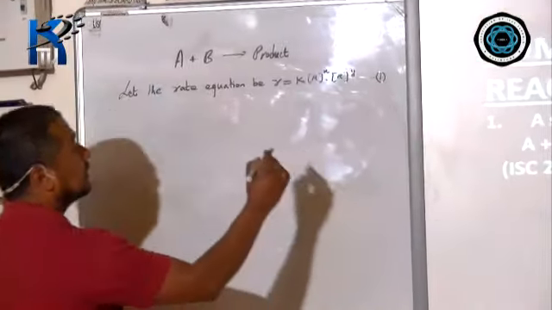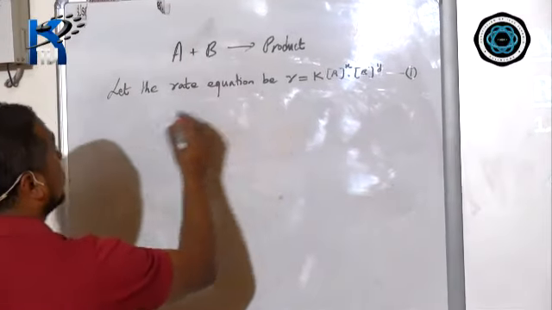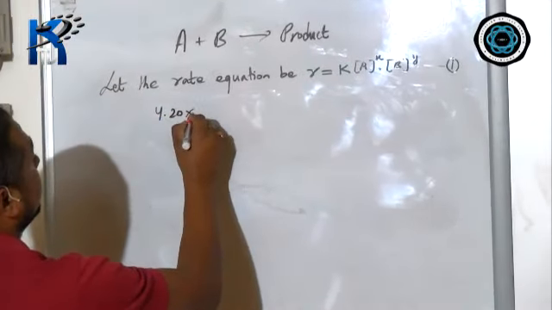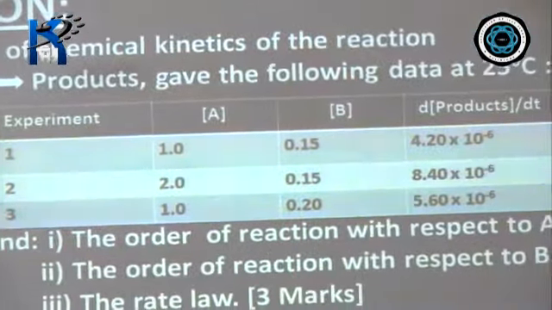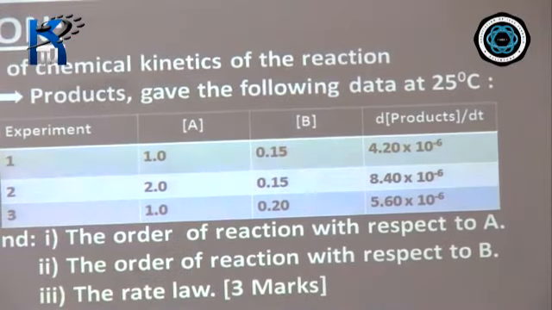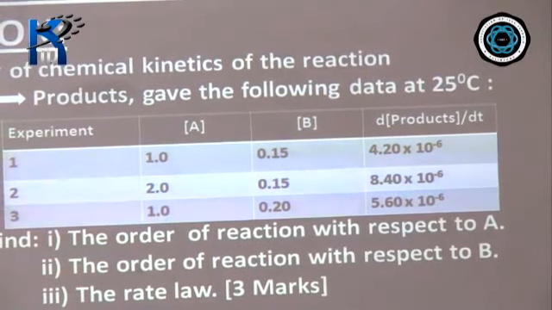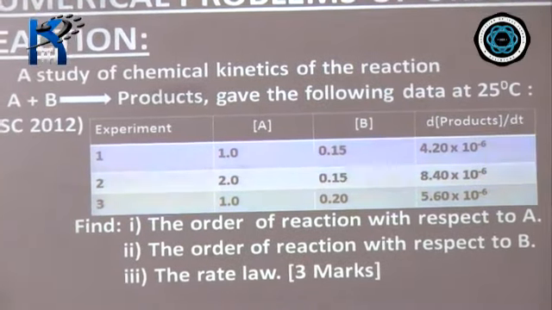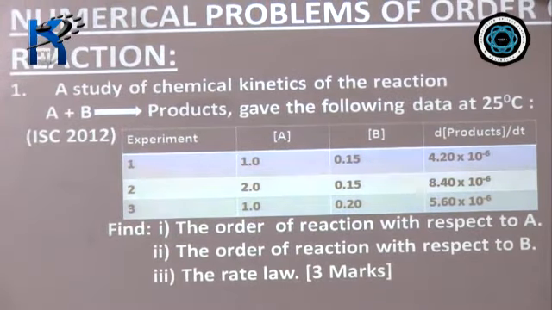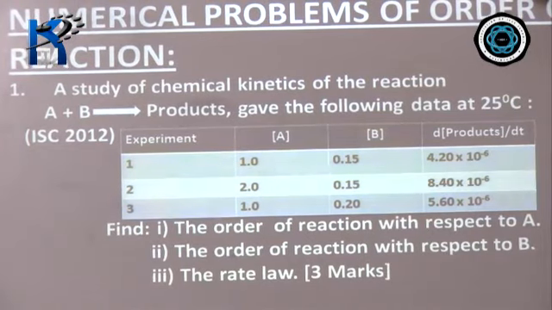So the value of rate for the first one is 4.20 into 10 to the power minus 6, the value of R for the first experiment. K we don't know. Concentration of A is given as 1 to the power of X into B is given as 0.15 to the power of Y. Let it be equation 2. So here I put the values of experiment 1.